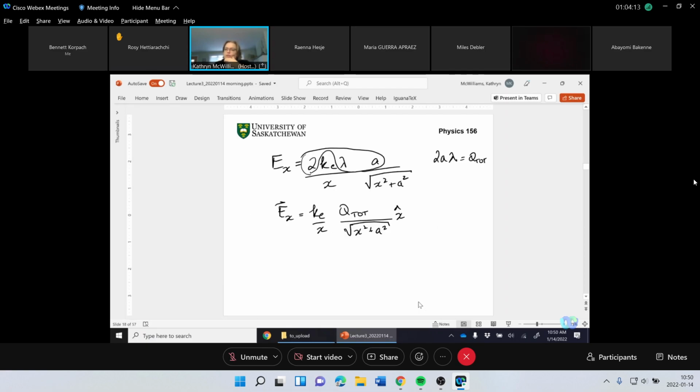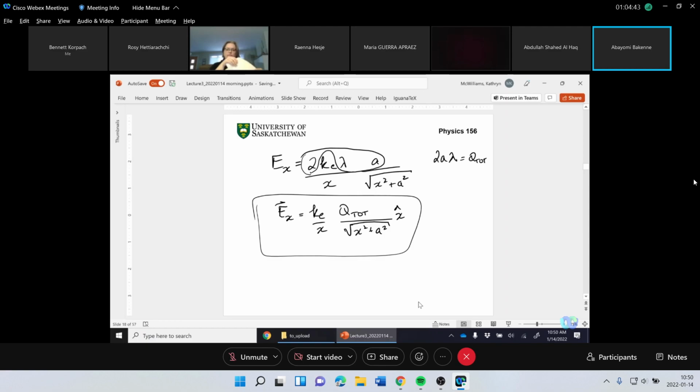I see another hand up, or is that you? Any other questions there? Sorry, why is the x hat disappearing and reappearing at some point? The x hat, the last term to the right.